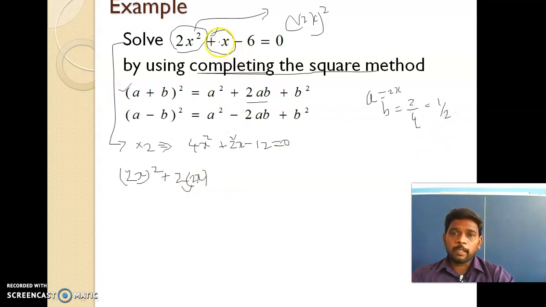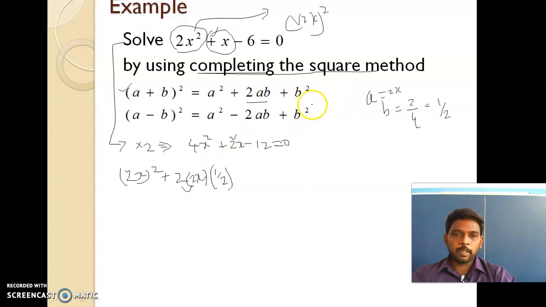But don't write this coefficient. We converted this equation into a new equation, so we have to consider the coefficient of this new equation only. Therefore b equals this 2 divided by 4. So the b value is 1 by 2, so write 1 by 2, right?